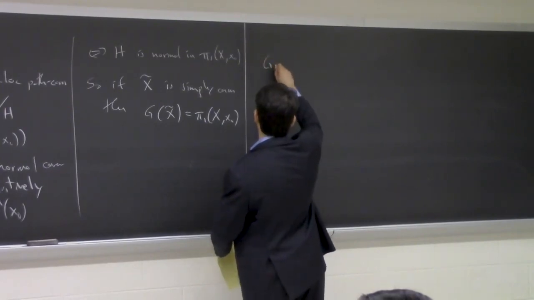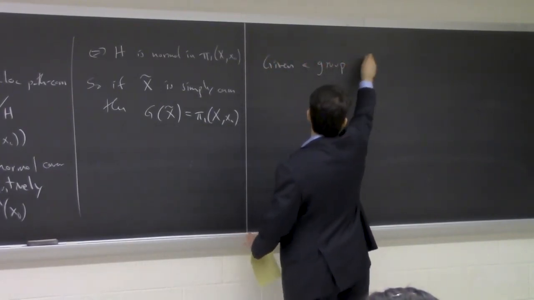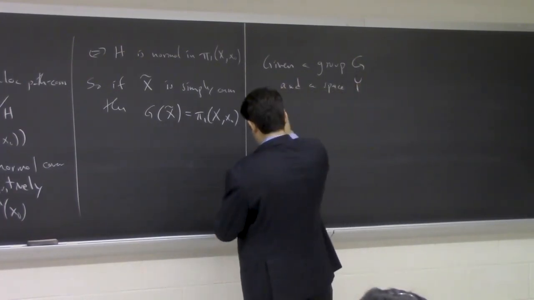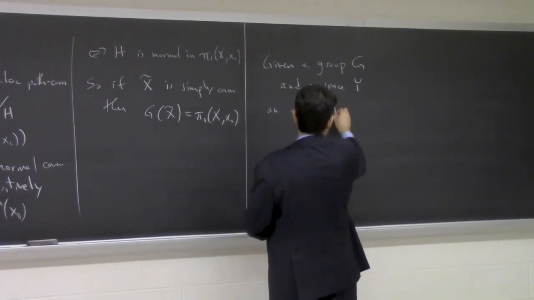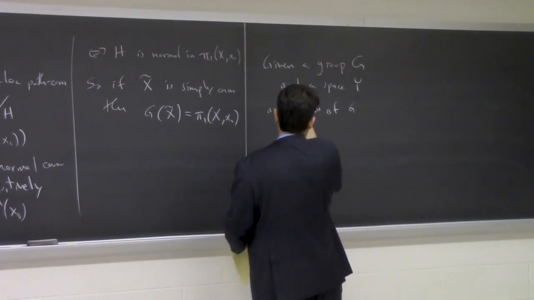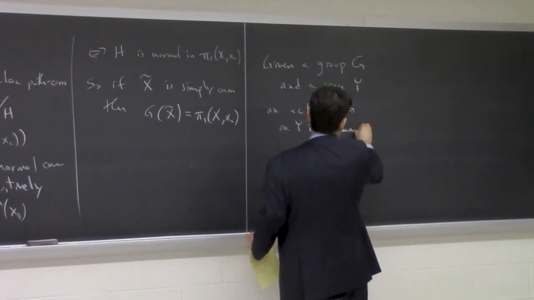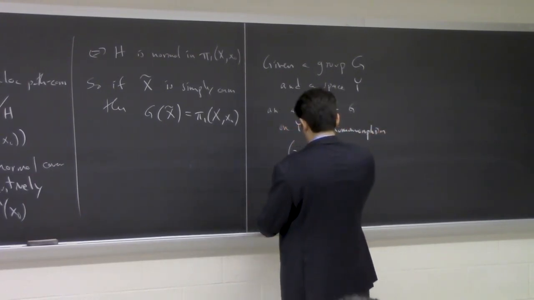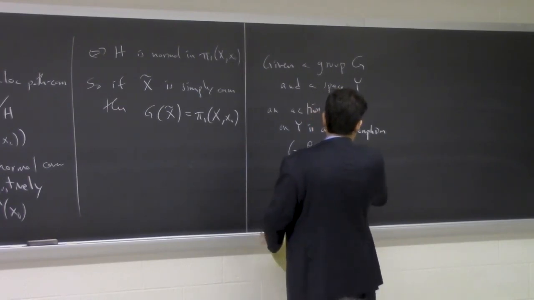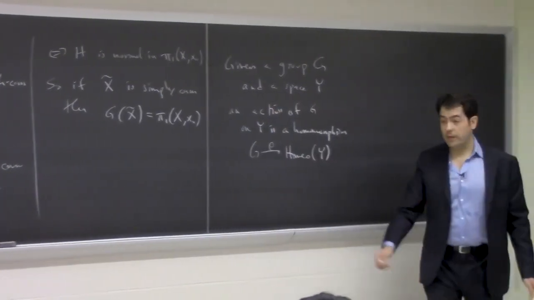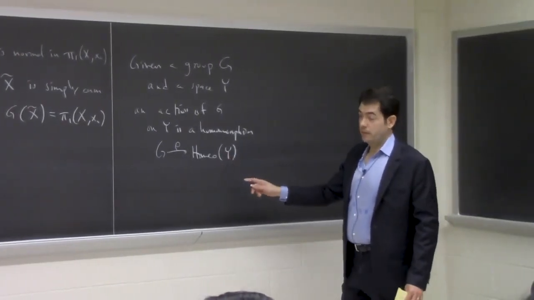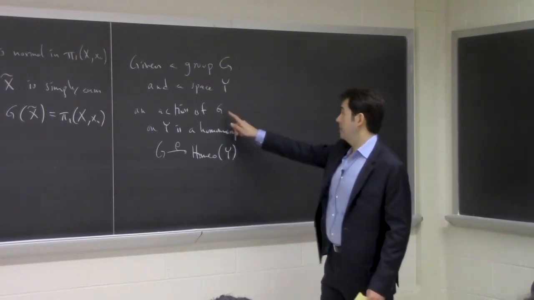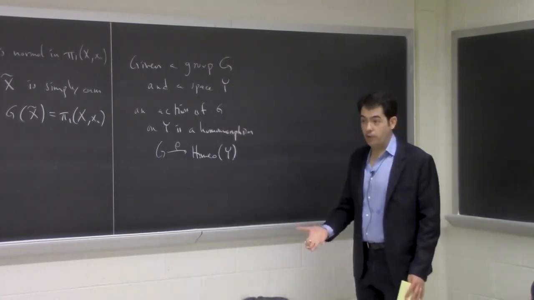Okay, so some vocabulary for that. Let's say you're given a group G and a space Y. An action of G on Y is a homomorphism rho from G into the homeomorphisms of Y. Okay, so this is what we want, because we're just thinking of the group as an algebraic thing, no topology on it.